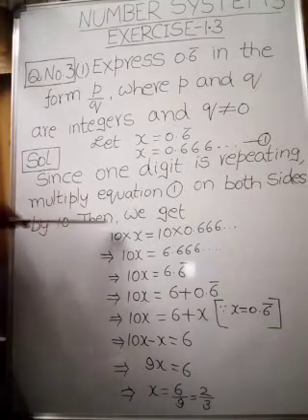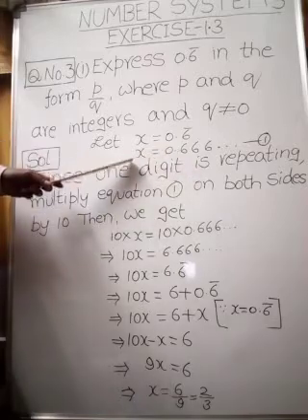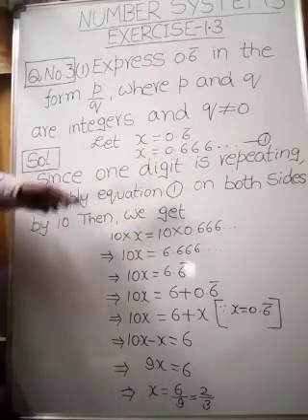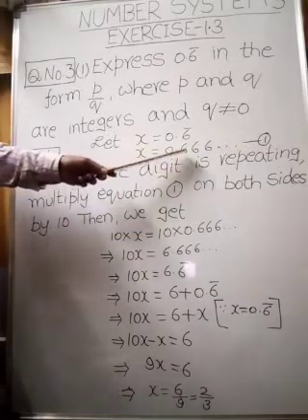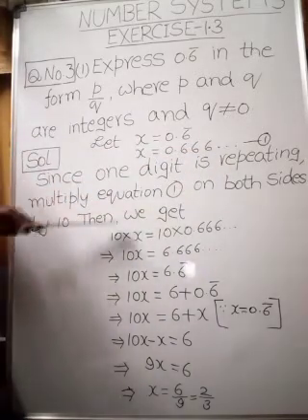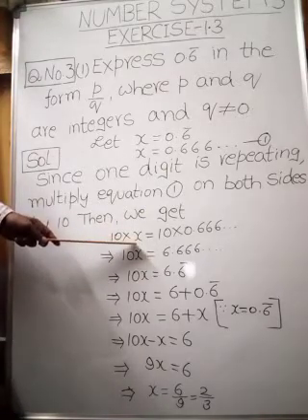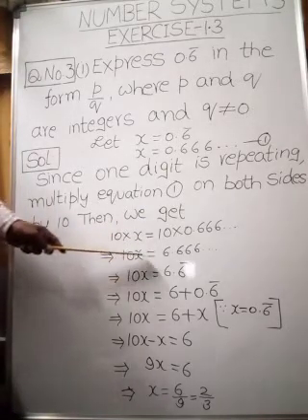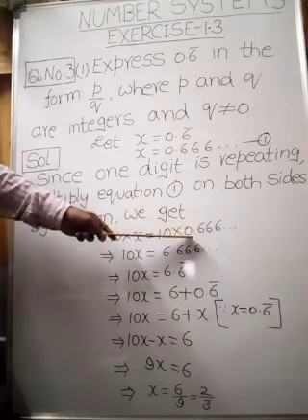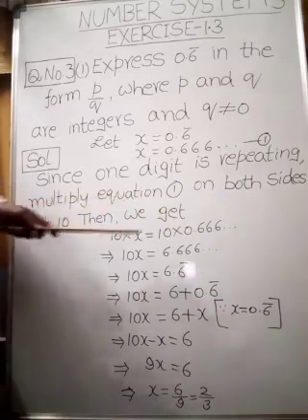So here we get 10 into x. So 10 into x is equal to 10 into 0.666 and so on. I multiplied equation 1 on both sides by 10. This implies 10x is equal to, here this decimal number is multiplied by 10. Then what will you observe?